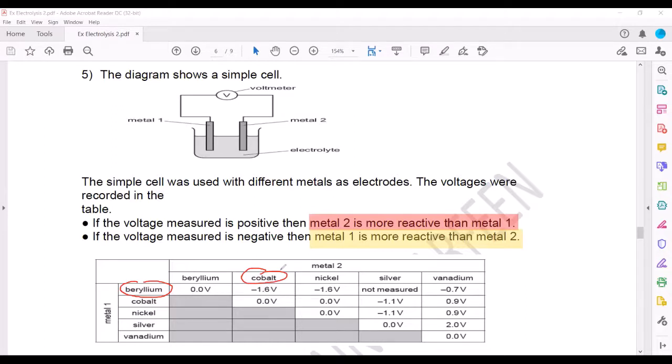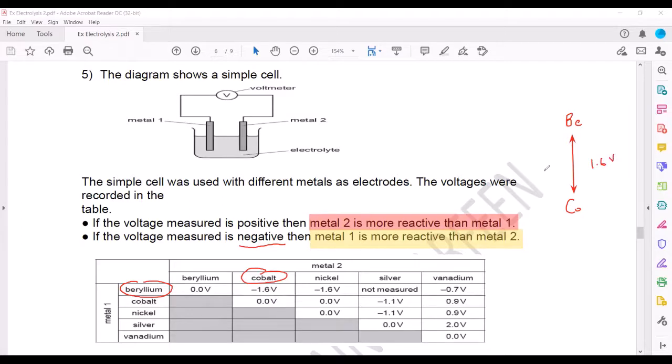So what is the meaning if we are getting a negative volt? It means metal 1 is more reactive than metal 2. So beryllium is more reactive than cobalt. So beryllium will be up and cobalt will be down, and the difference in the reactivity between beryllium and cobalt is 1.6.